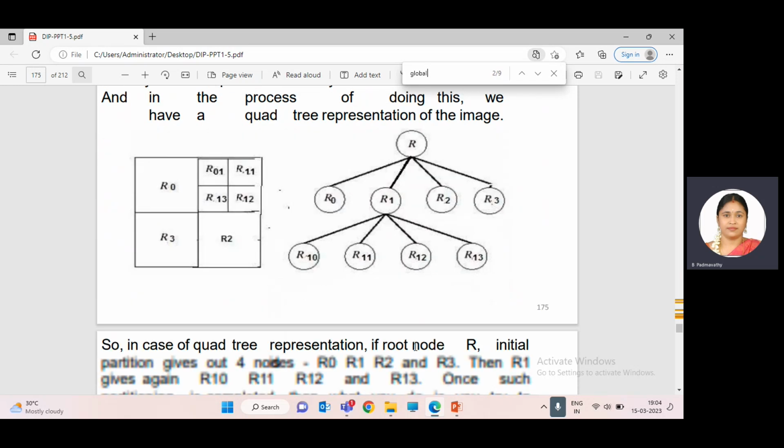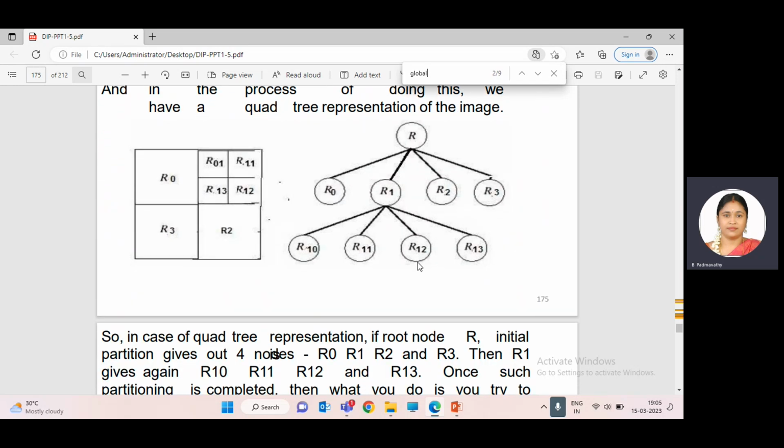And again, if I want to split R12, then it is divided into R120, R121, R122 and R123. So likewise, the splitting process goes on.